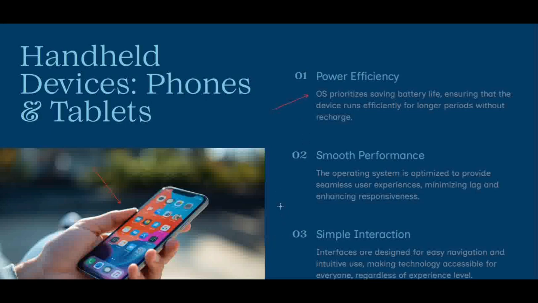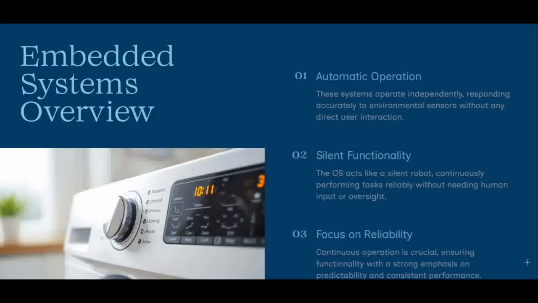So here the OS becomes very careful and says, don't waste your energy, don't do unnecessary work. The OS tries to save power, limits background tasks, and focuses on smooth performance, long battery life, and simple interactions. Android and iOS are important examples, and here power efficiency is just as important as performance.